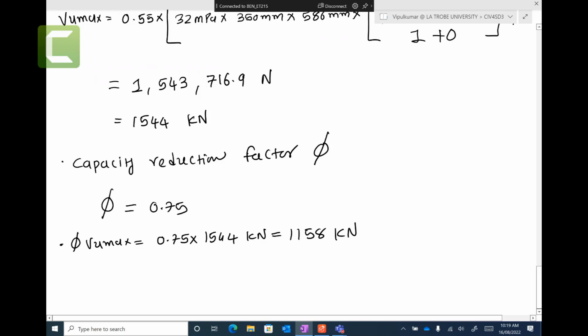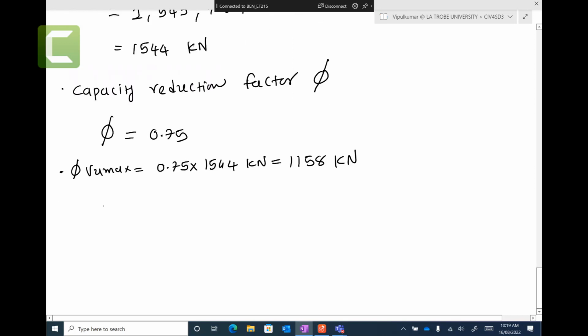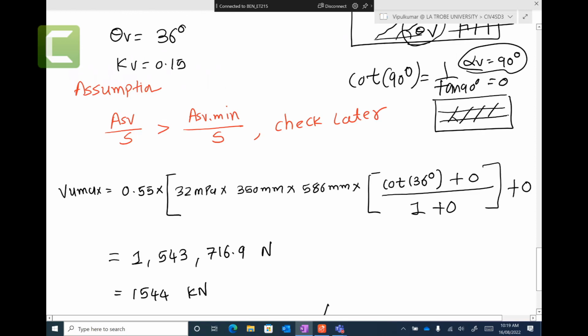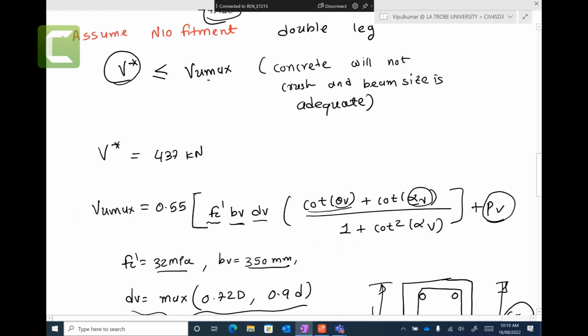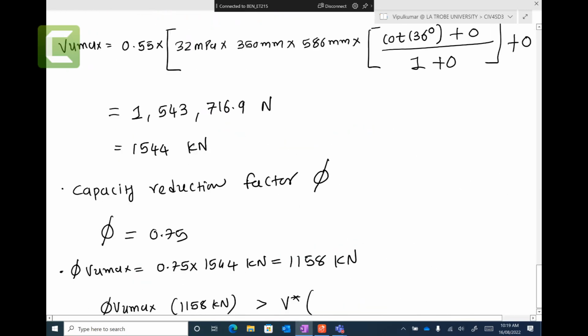All right, so in this case, we can check that phi VU max, which is 1158 kilonewtons, is greater than V star. How much is the V star we found? 437 kilonewtons, which is good.